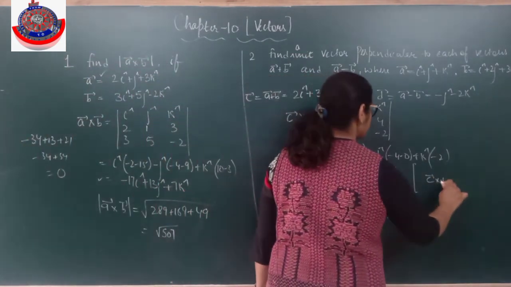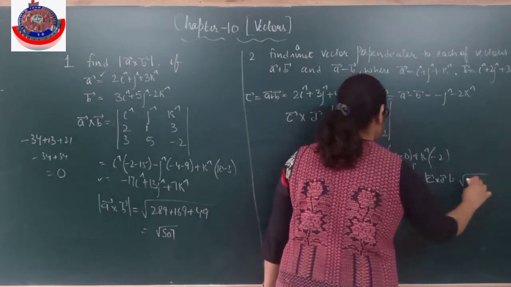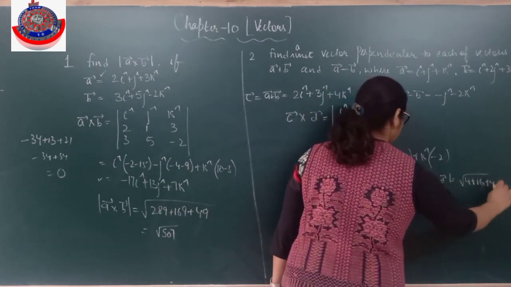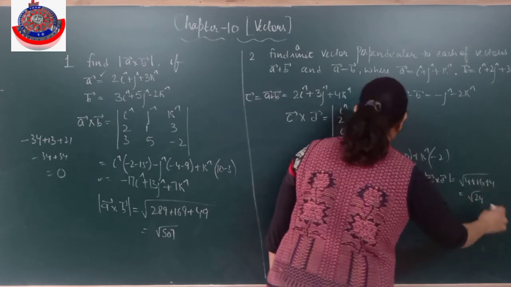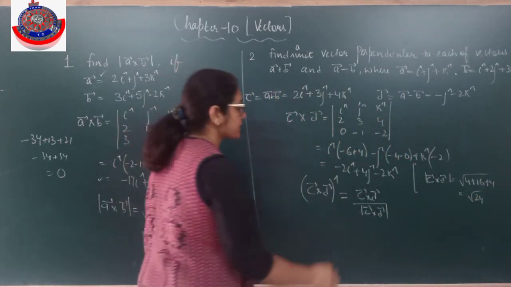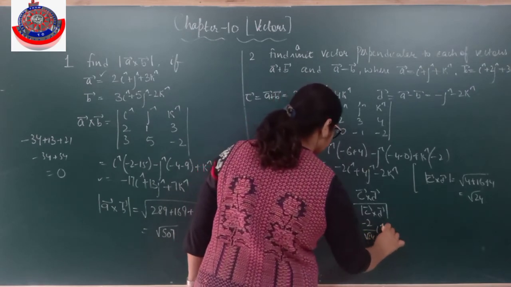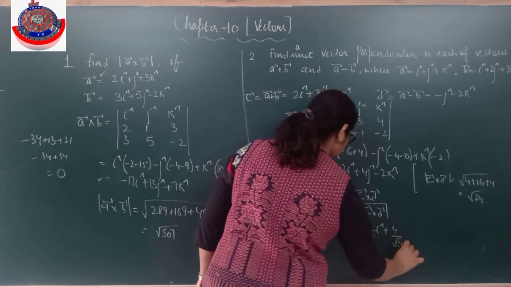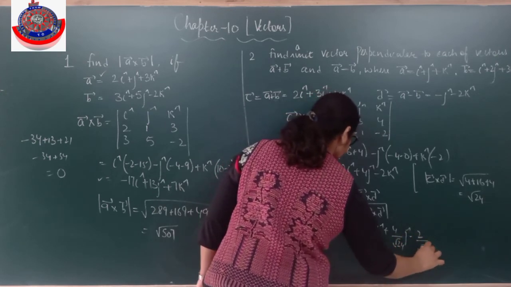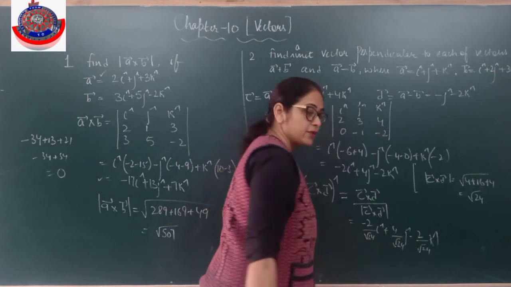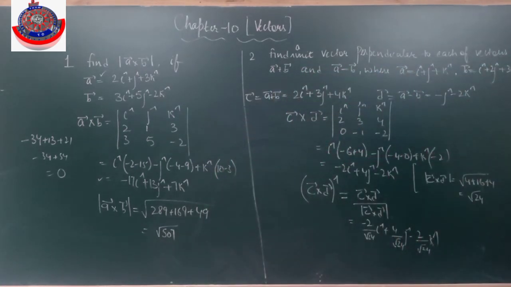Let's find their magnitude. Alright, the vector is upon magnitude. Got it? I hope it's clear to everyone. Fine. You can write this 24 as 4 6, so 2 root 6, so you can further cancel it also.